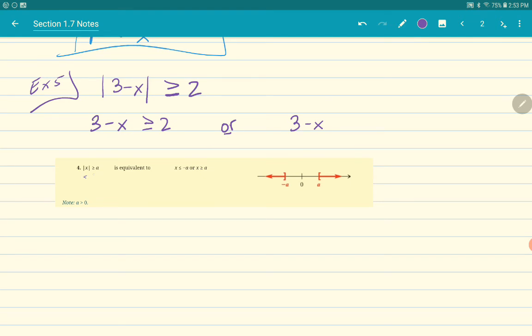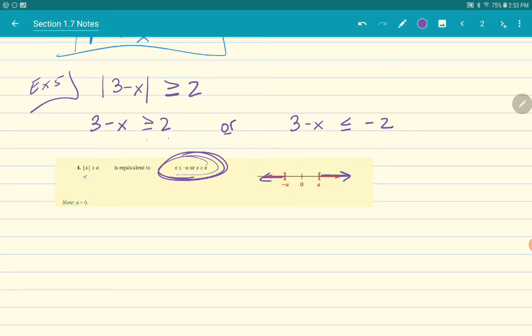So the thing in the absolute value is either greater than or equal to 2, or it's less than or equal to -2. So I'm using this formula right here to rewrite those two inequalities. So this inequality has 2 parts.